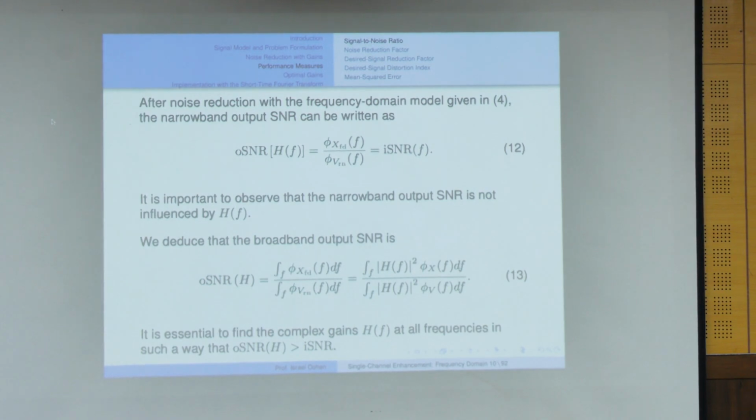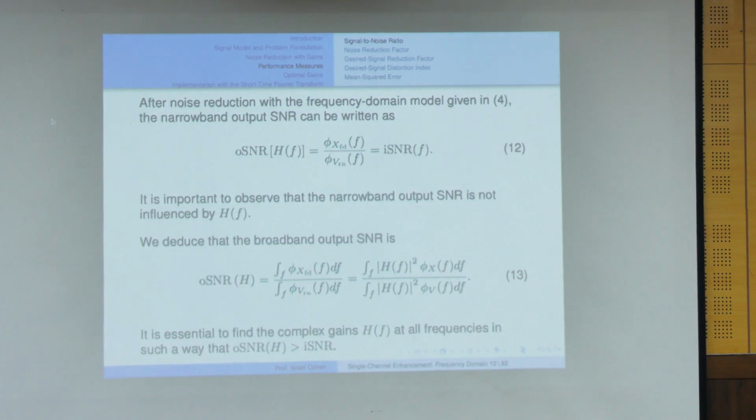The output SNR, we compute it here. Okay? So here, we can write it as X filter desired plus V residual noise. So the variance of X filter desired divided by V residual noise, we obtain the narrowband output SNR.